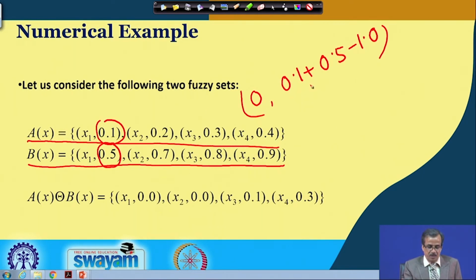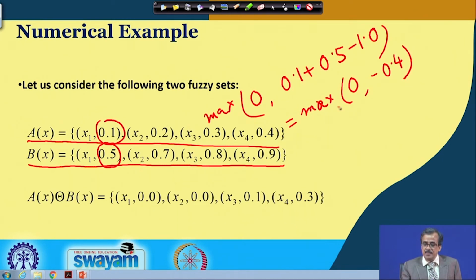We will have to find out the maximum of this, and this is nothing but the maximum between 0 and here it is 0.6 minus 1. So, it is minus 0.4, and the maximum between 0 and minus 0.4 is nothing but 0. So, corresponding to this particular x1, I will have to write down 0.0.